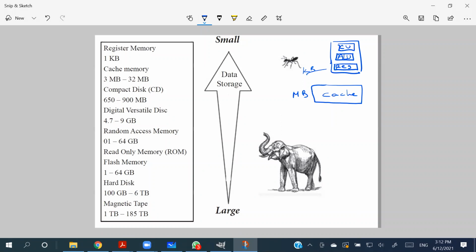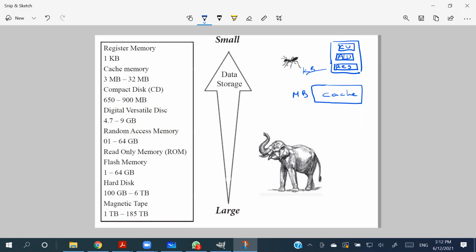And then the compact disk, the CD, right? So CD has 650 to 900 MB. DVD, as I told you, is like 4.7 to 9 GBs, and random access memory starts from 1 GB and can be extended up to 64 GB, right? And read-only memories, ROMs, we can find in different capacities, bigger than 64 GB.